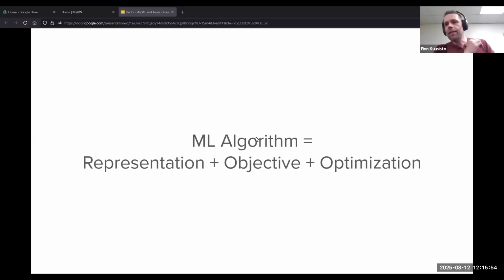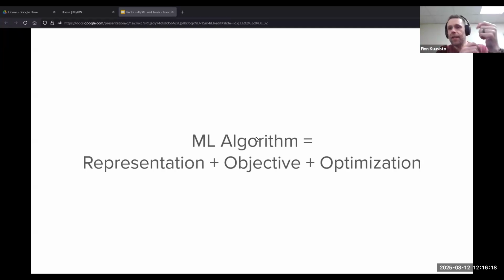One might describe machine learning algorithms as being a combination of representation, objective, and optimization. The representation is how the model represents the space of data, and what decisions it can make about the data. So what is the space of possible models that it can come up with?